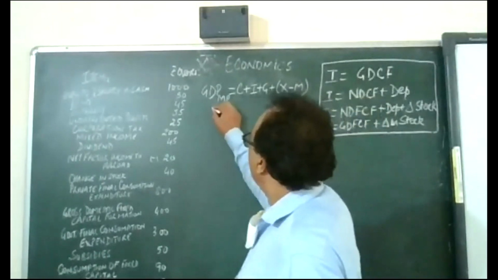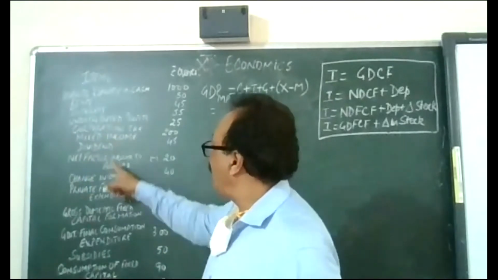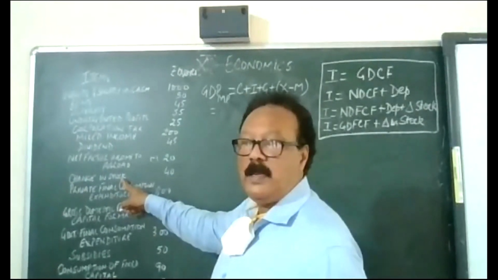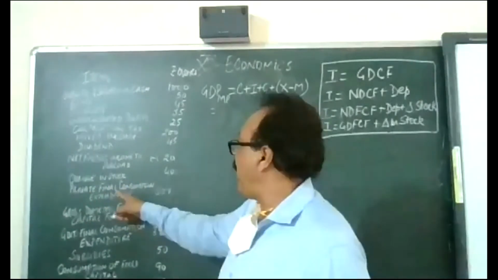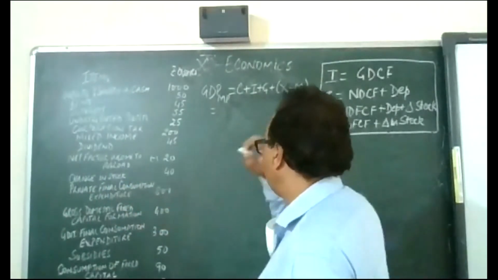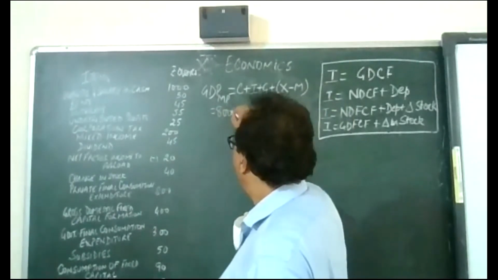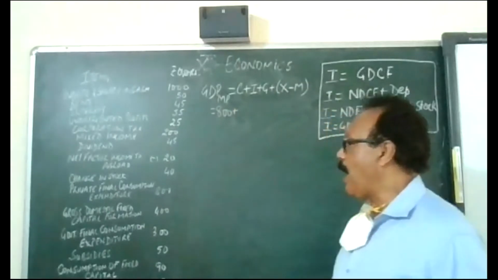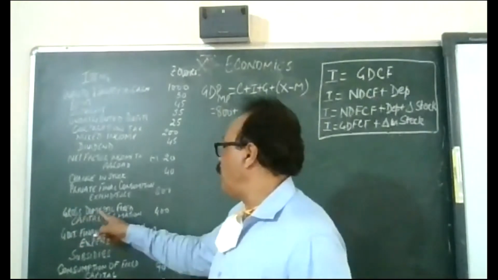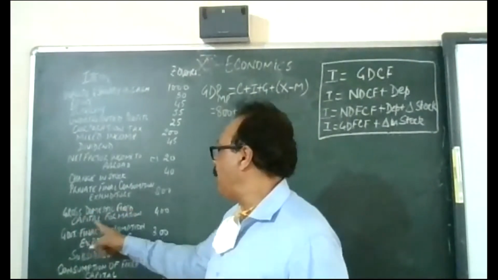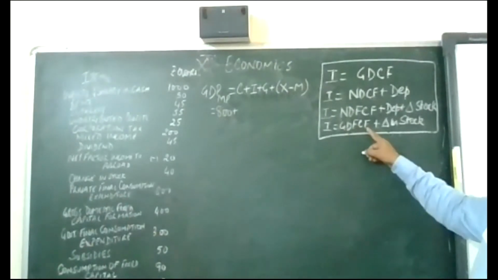Now, private final consumption and all this is a part of the income method, write down here. Okay, now come from here. Private final consumption expenditure comes to 800, that is C, plus I. What do we have here? Gross domestic fixed capital formation.